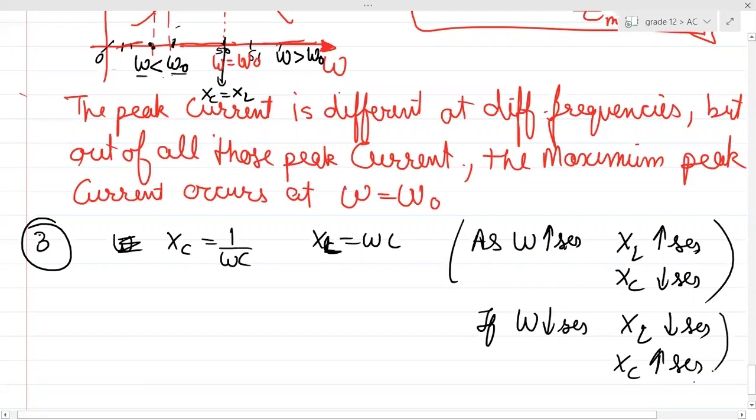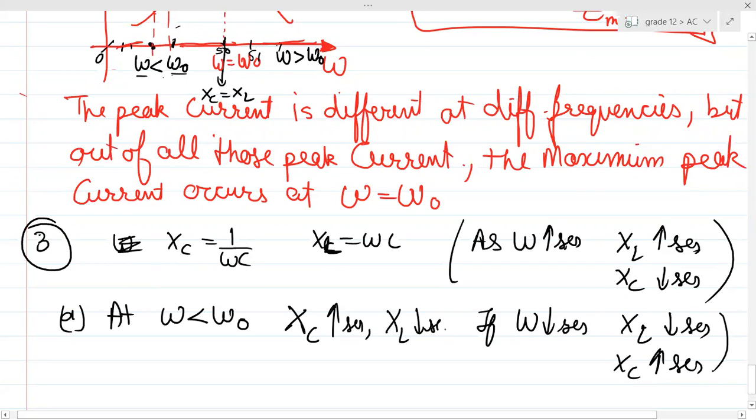So at omega less than omega naught, XC will increase and XL will decrease from their values at omega equals omega naught.